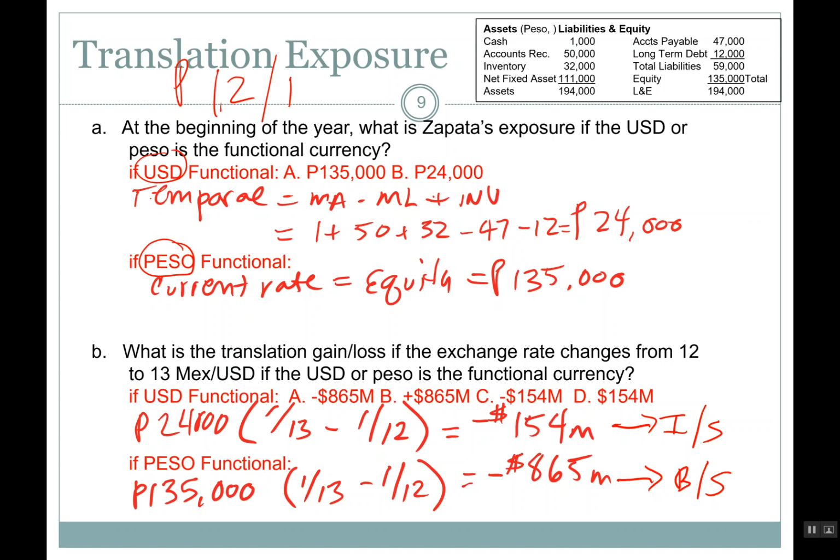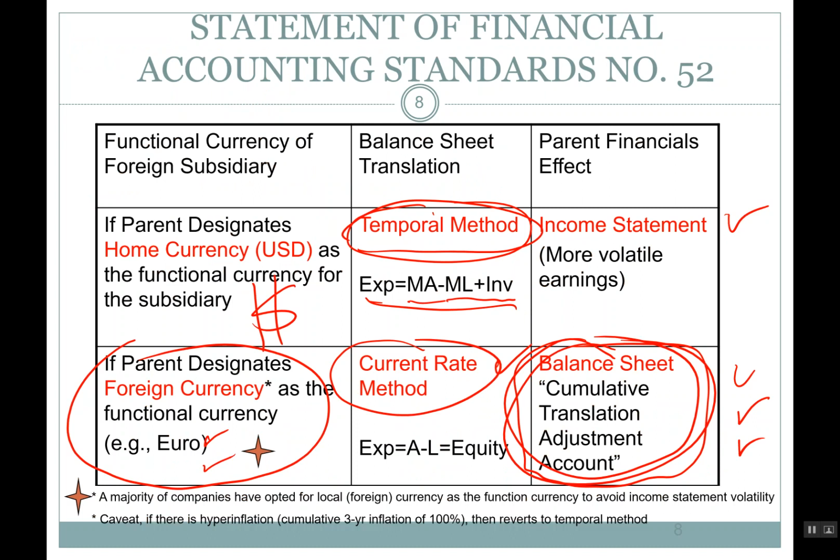So, if they choose the dollar as the functional currency, they're going to only revalue the temporal accounts, which means monetary and inventory.